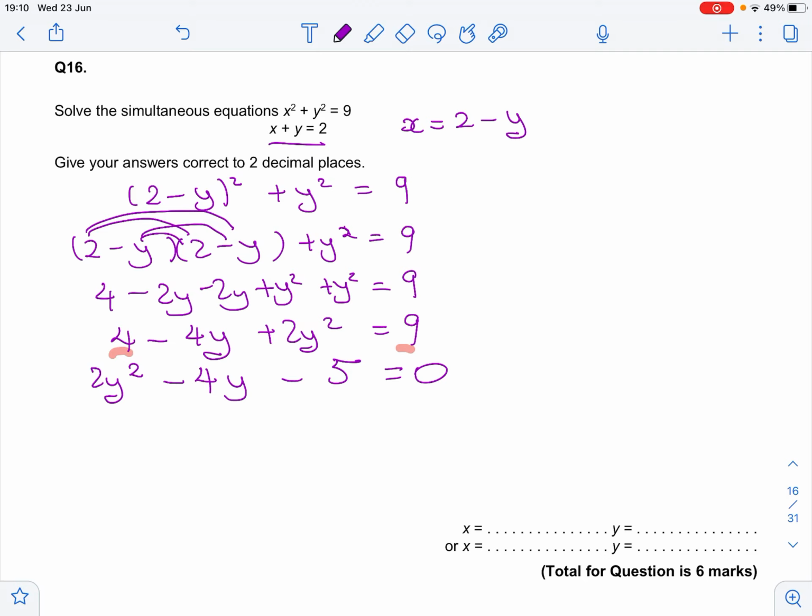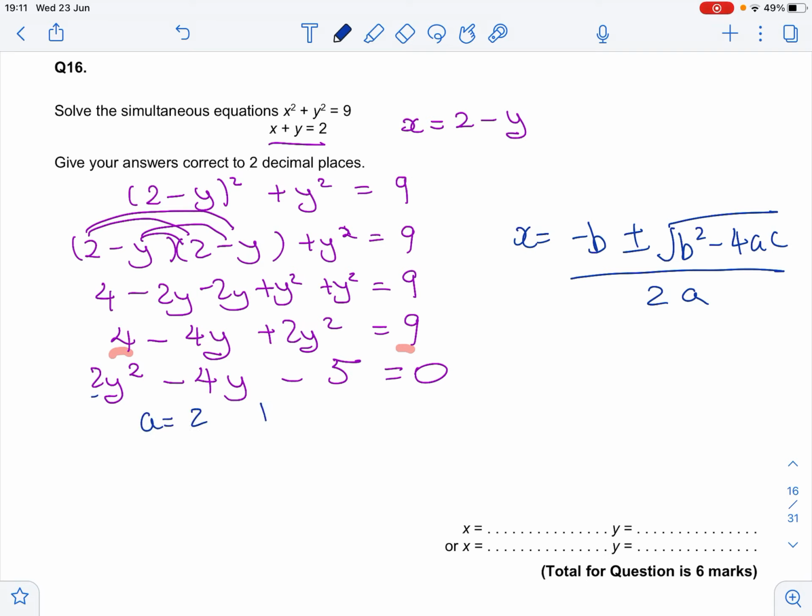Then we'll need our quadratic formula. If we remember to memorize this by heart, x equals minus b plus or minus the square root of b squared minus 4ac, over 2a, to find out x. So remember, we have a quadratic here, so the value of a is 2, the value of b is minus 4, and the value of c is minus 5. So just substituting here, minus b, which is minus minus.